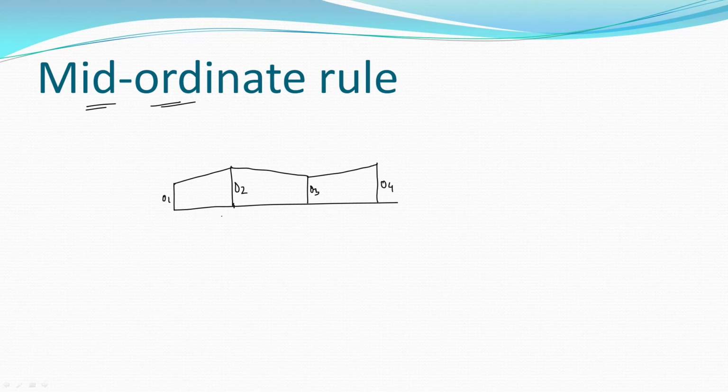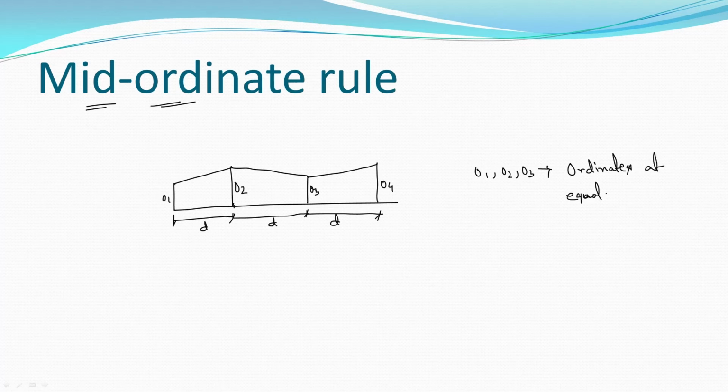Okay. Now, these distances are common distances which should be the same. So, consider this distance as small d, that means the common distance. So, O1, O2, O3 are the ordinates at equal intervals.